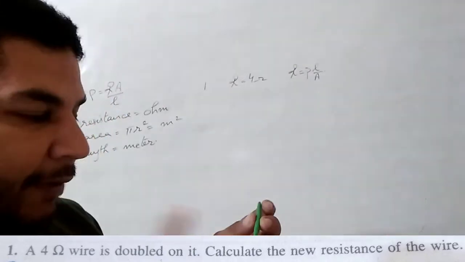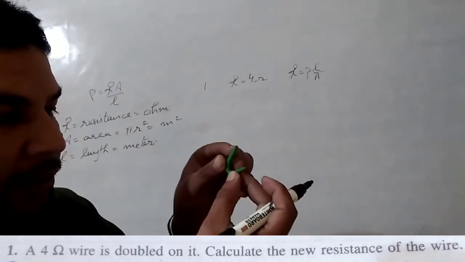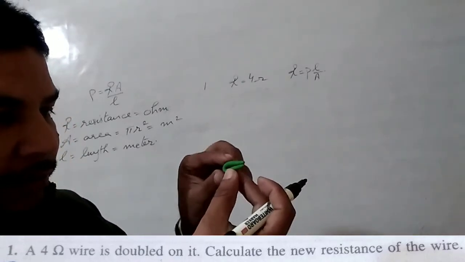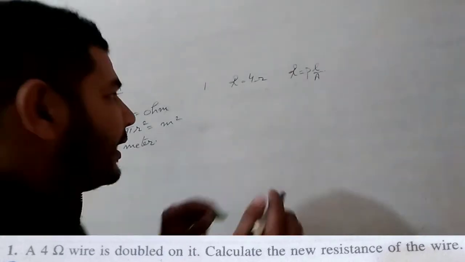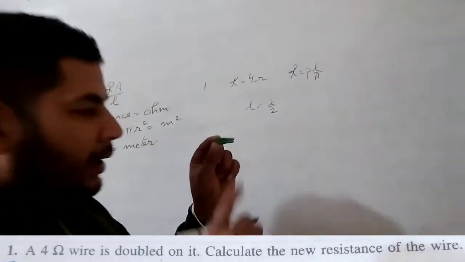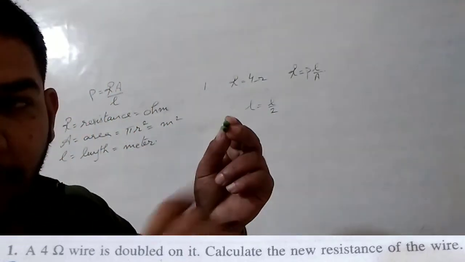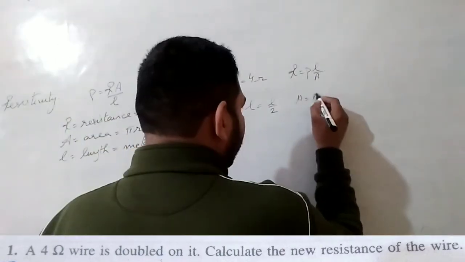If we double the wire on itself, like this, the length becomes L by 2, and the area becomes double, so A becomes 2A.